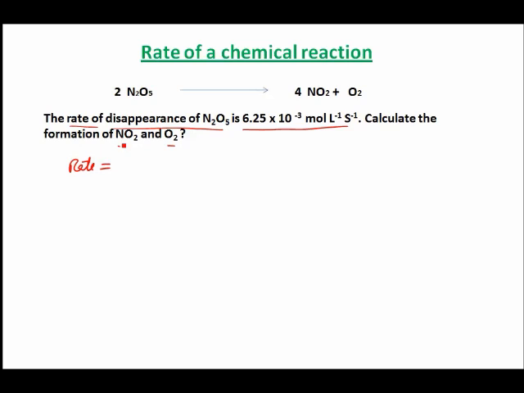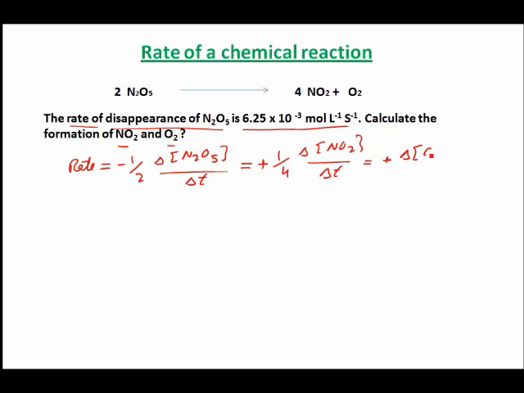So the reaction rate in terms of N2O5 is minus 1/2 change in concentration of N2O5 by delta T. And in terms of the products, it is plus 1/4 change in concentration of NO2 by delta T, which is equal to plus change in concentration of O2 by delta T. What's given now?